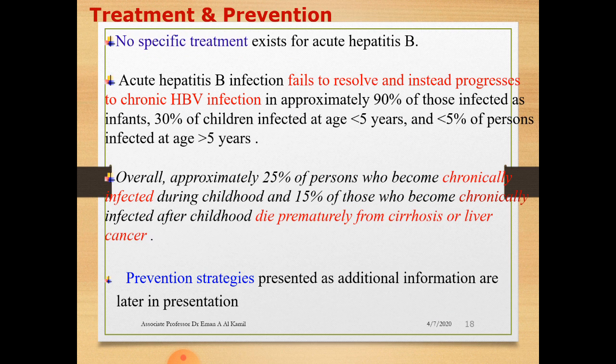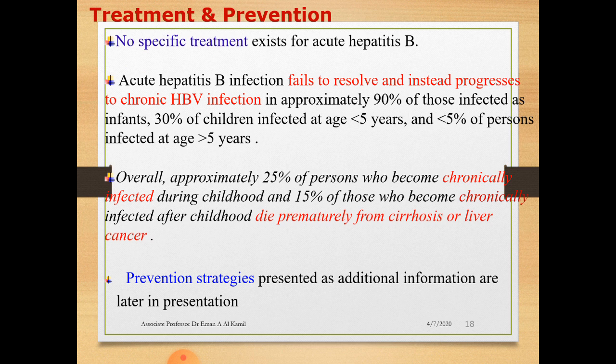Regarding treatment and prevention, there is no specific treatment for hepatitis B. Acute hepatitis B infection may fail to resolve, and instead it progresses to chronic hepatitis B infection. So the chronicity of the infection depends on the time of acquiring the infection. The earlier the time of having the infection, the more likely the individual will develop chronic infection.